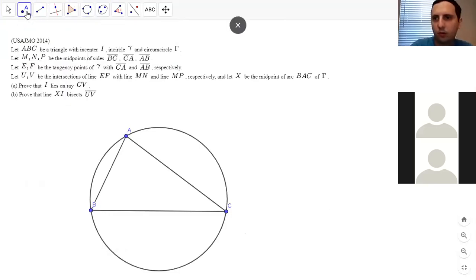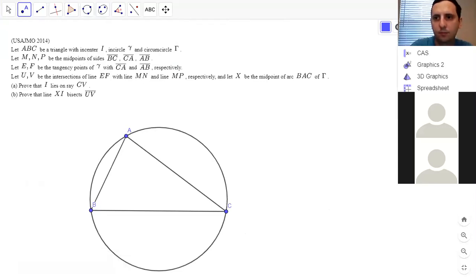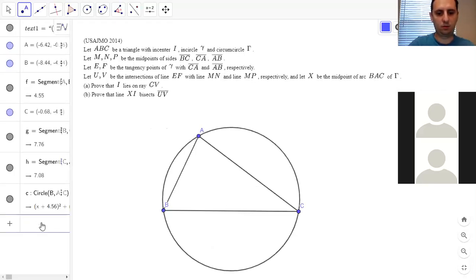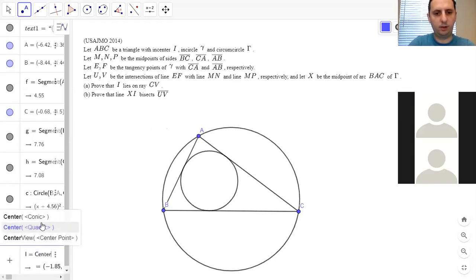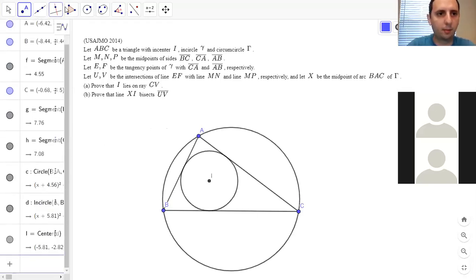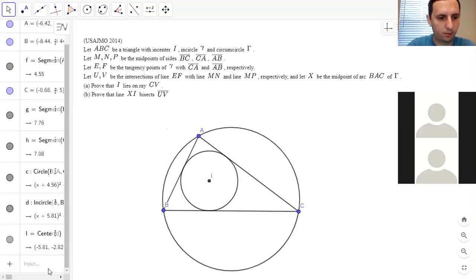The incircle has center I, and M, N, and P are the three midpoints. So we draw the three midpoints.